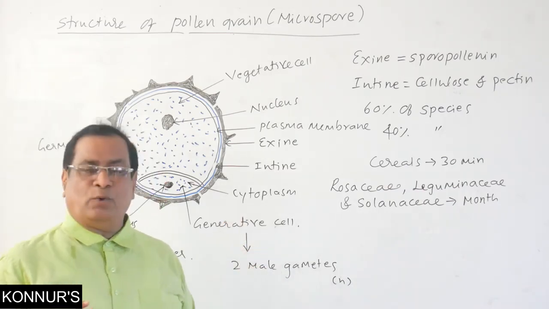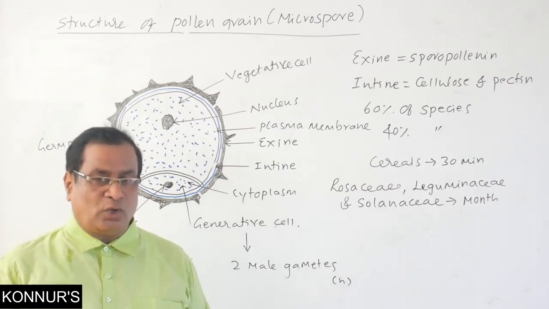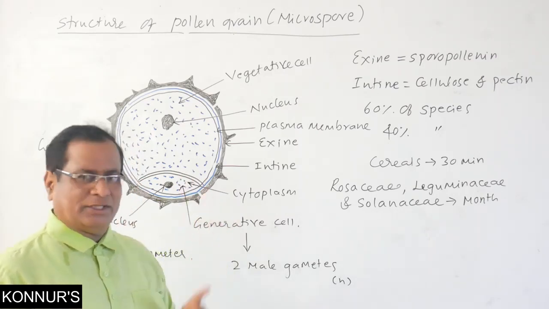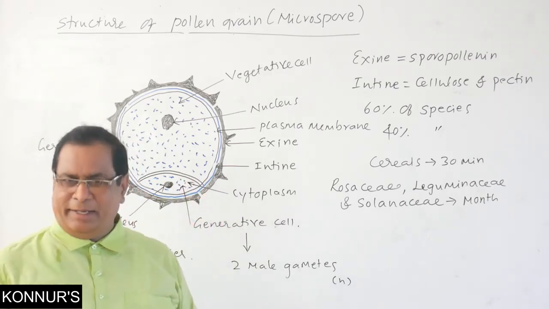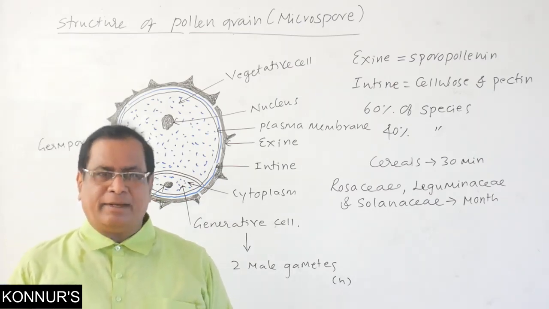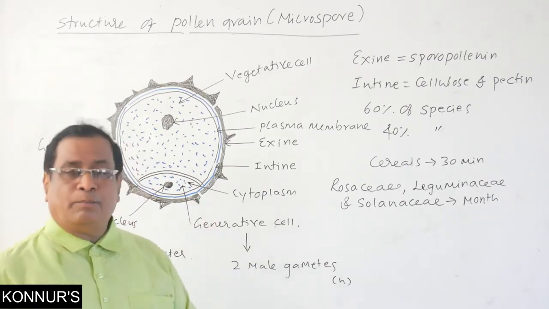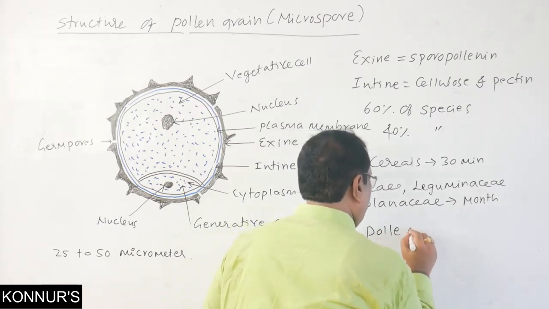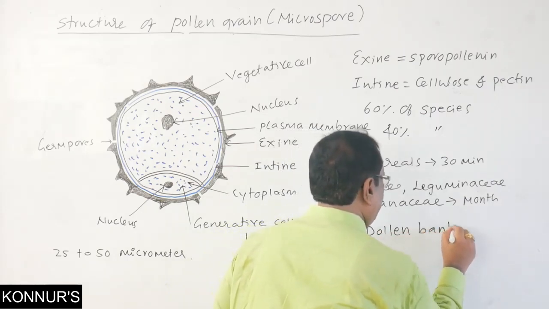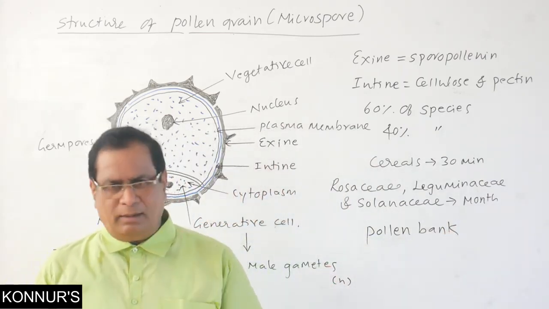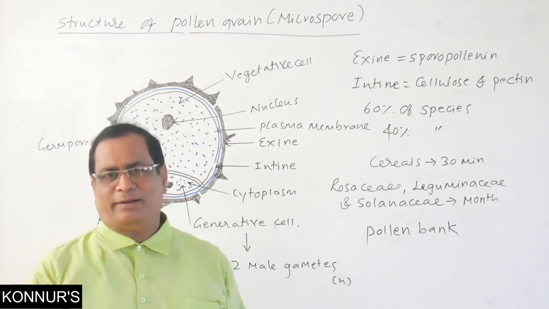And these pollen grains can even be stored for a long time as fossils because of that resistant organic material, sporopollenin. Even nowadays, just like a blood bank, sperm bank, seed bank, we have pollen banks in which pollen grains of some noble species can be stored.